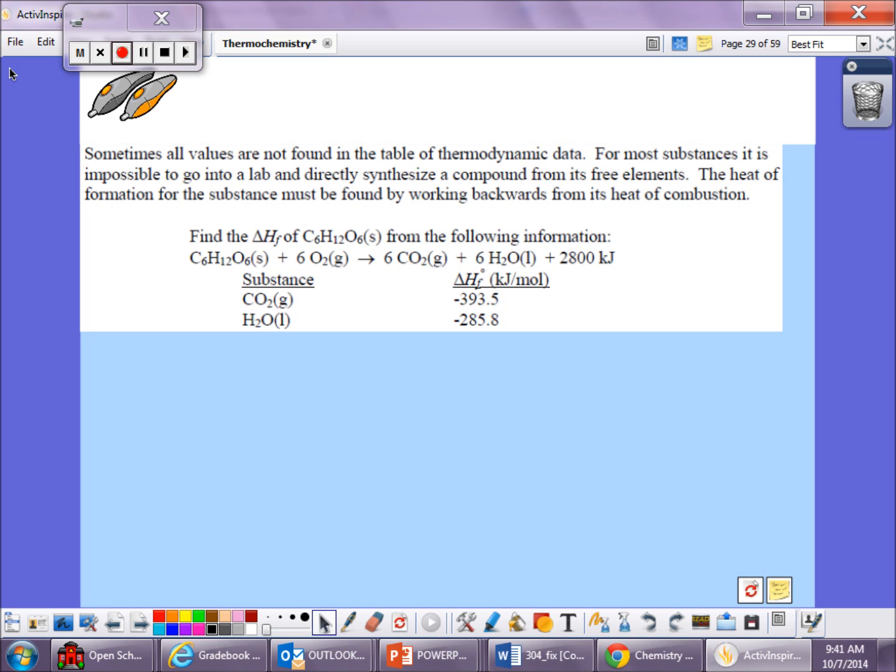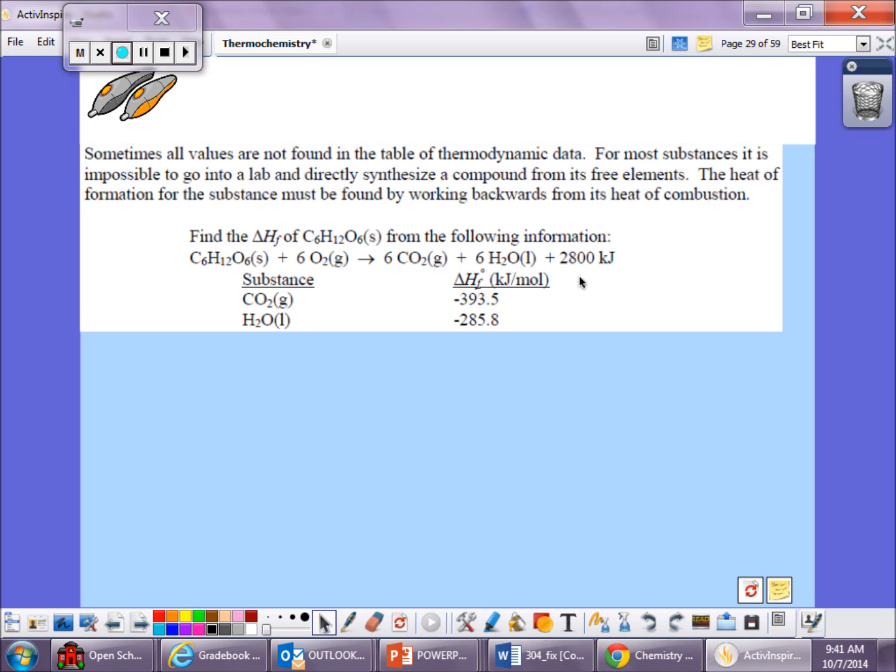This is the equation. This is your delta H of reaction. They gave you the delta H of reaction. And because it is on the product side, it means energy had been released, so you need to write the delta H of the reaction as a negative number.